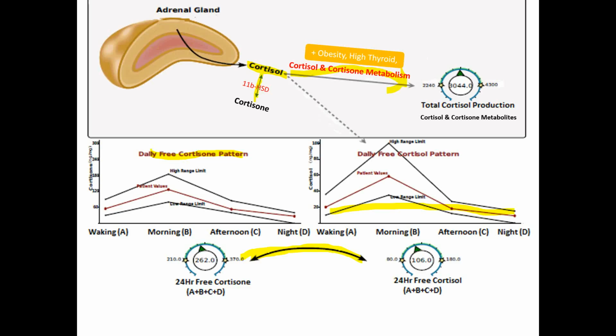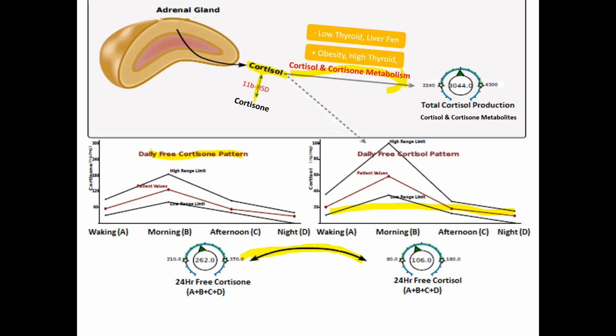In those situations, the metabolism of cortisol can be upregulated. On the other side of things, if the thyroid function is low, if the liver function is low, there might be somewhat sluggish cortisol clearance, which is going to back up that free cortisol and show lower levels of those metabolites.